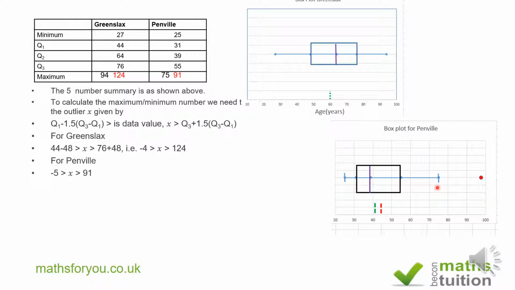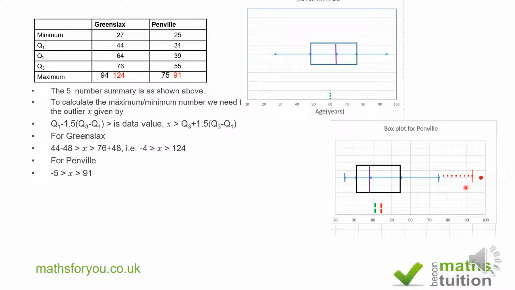And a maximum value of 75, which is the maximum value in our distribution before we hit the boundary of 91. So you can do this from 25 to 75, or you can do from 25 to 91.